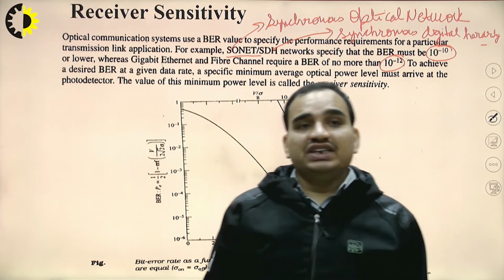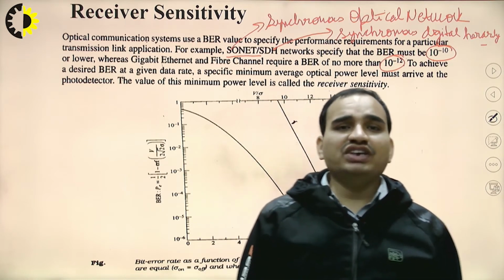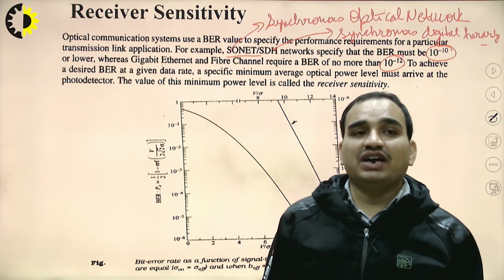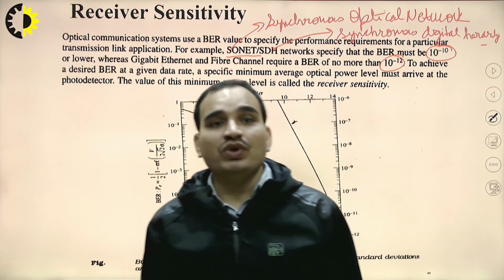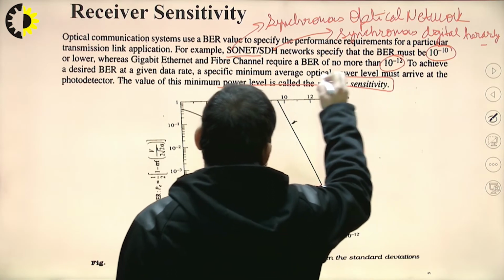To achieve a desired BER at a given data rate, a specific minimum average optical power level must arrive at the photodetector. This minimum power level is called the receiver sensitivity.